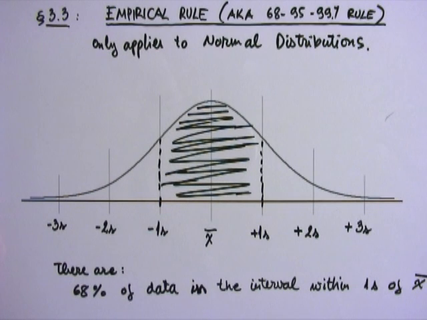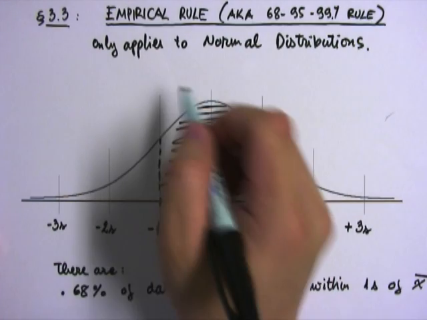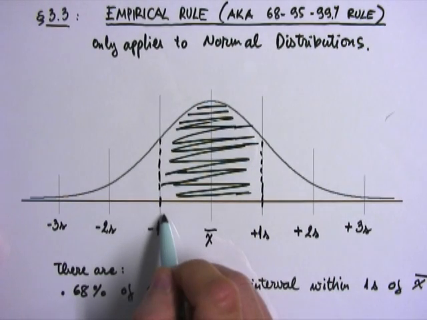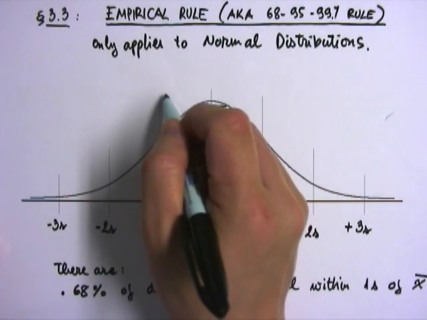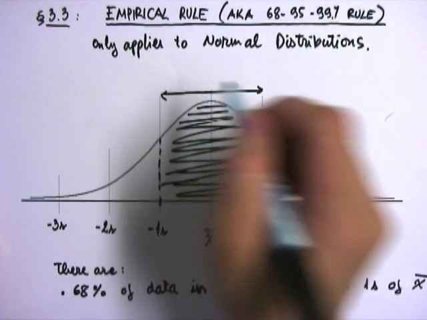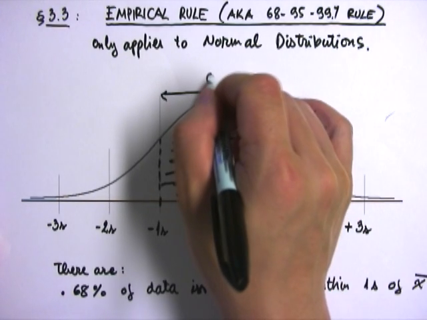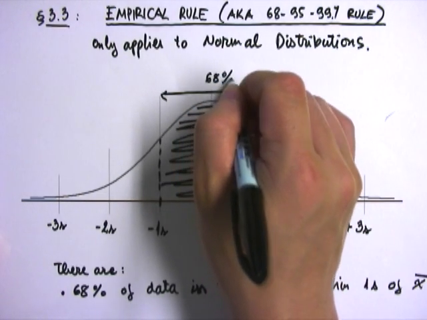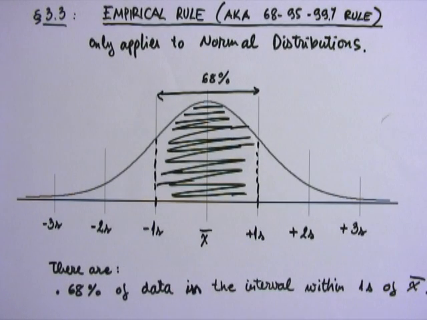That's the first rule in the empirical rule. You can see that this interval simply contains 68% of data. And once again, you can see that the interval is centered right at the mean value.